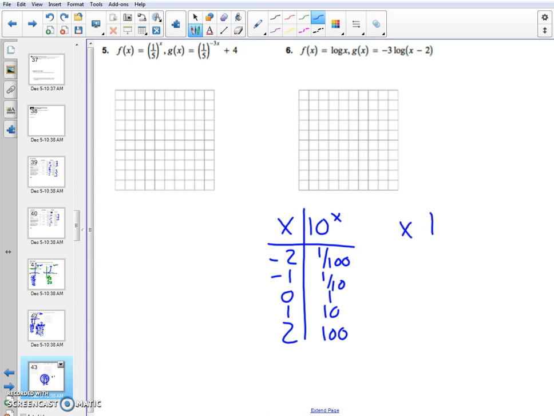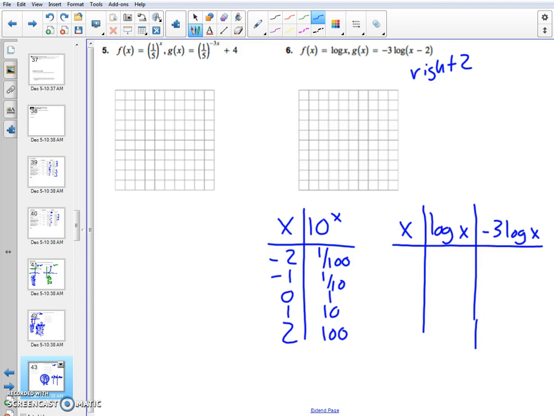So then my table for my log is going to be log of x for my second column. And then my third column will do that vertical stretch there. So we'll worry about the right 2 at the very end then. So I'm flipping my points. And now to go from the second to the third column, I have to multiply everything by a negative 3.